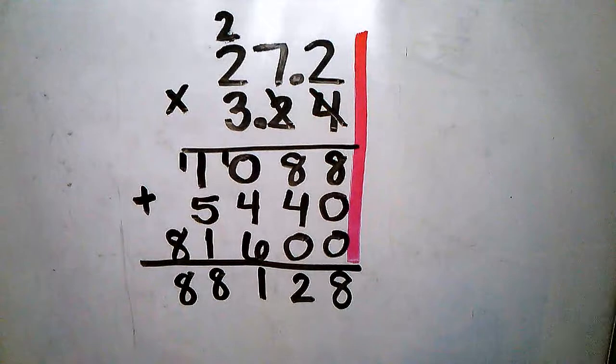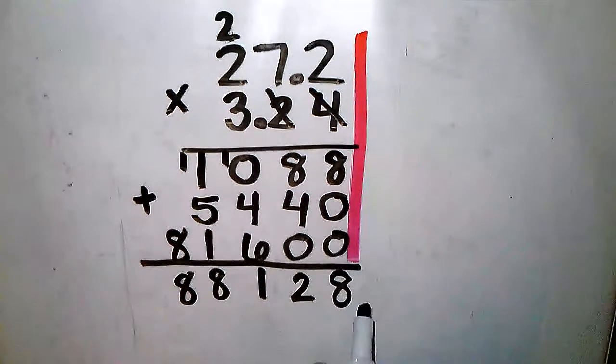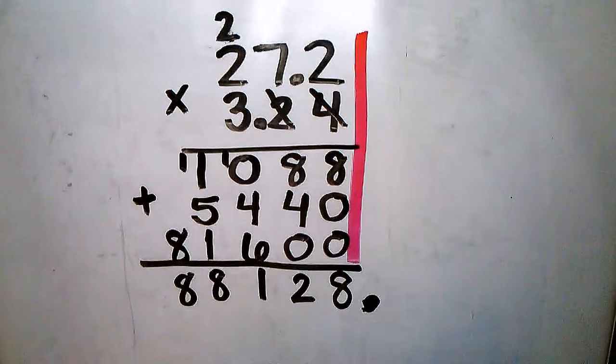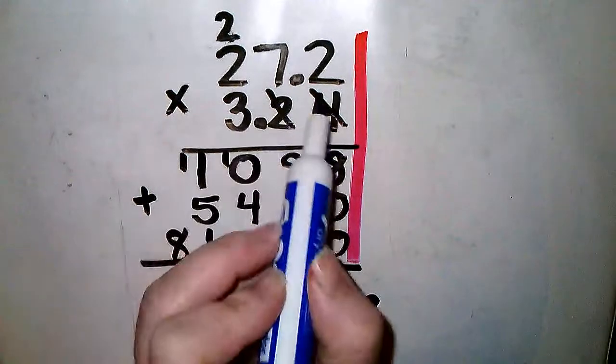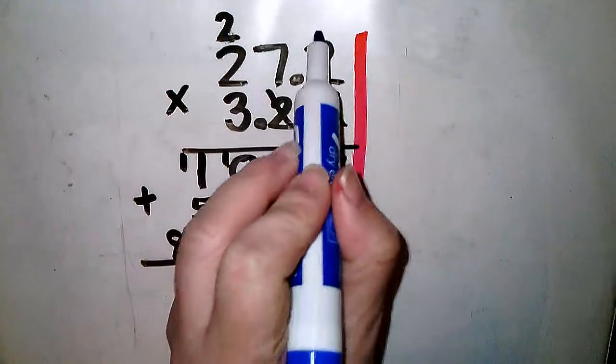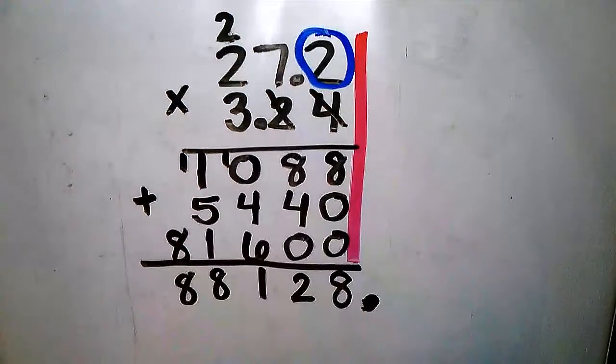Okay, now I'm going to assume that this is a whole number, because we multiplied them as if they were whole numbers. But I can't forget about my decimals. It is a decimal problem. I do have to go back and put my decimals in. Because I multiplied them as if they were whole numbers, I'm going to start here at the end. Now here's where you have two ways to figure out where to put your decimal, and we've talked about both of these ways in class. The first thing you can do is count the number of digits behind the decimal. Here in 27.2, I've got one number behind the decimal.